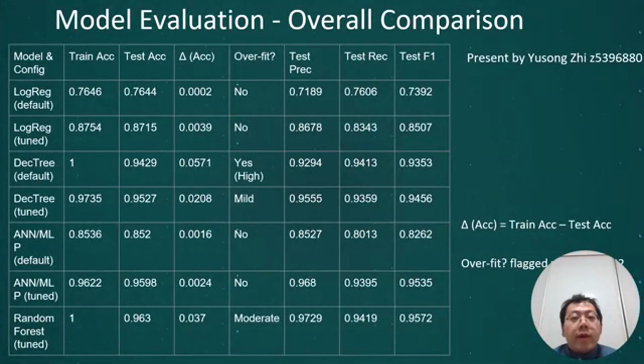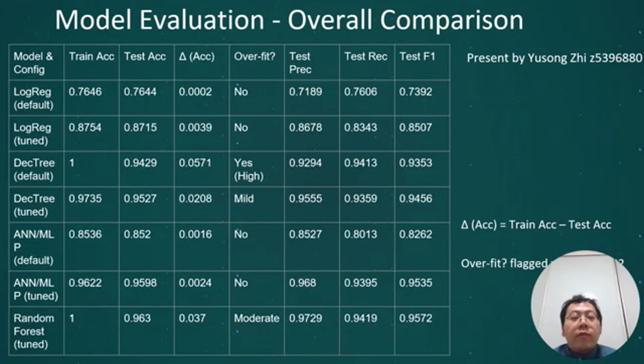This summary compares all 7 configurations on the same axis. Logistic regression tunes to 87% test accuracy with minimal gap, and the decision tree default overfits at 100% train, but the tuned one reaches 95.3% test accuracy with half the gap. The ANN tunes to 96% accuracy and F1 0.954 with near zero gap.